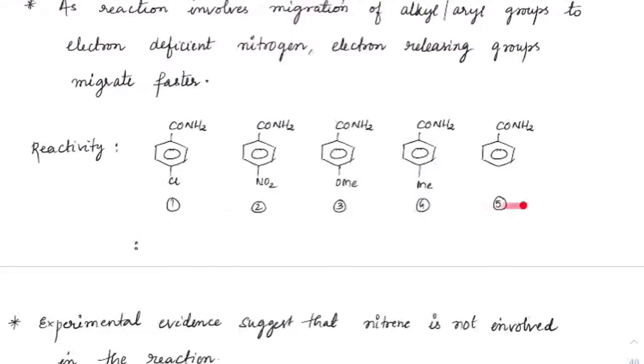So in case if you have to compare all of this reactivity, this one will be better. OMe is a better donating group as compared to that of methyl, then only phenyl with NO2, with Cl and then NO2, right? So therefore the order would be 3 greater than 4, then 5, then 1, yeah, 1, correct. So 1 and 2. This would be the reactivity.